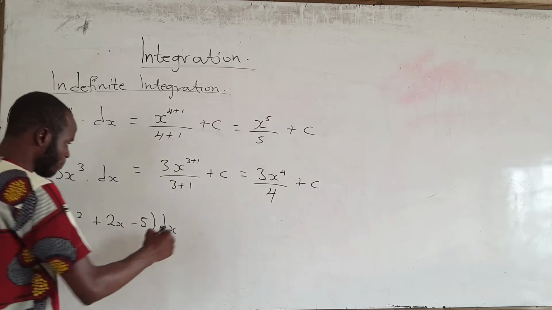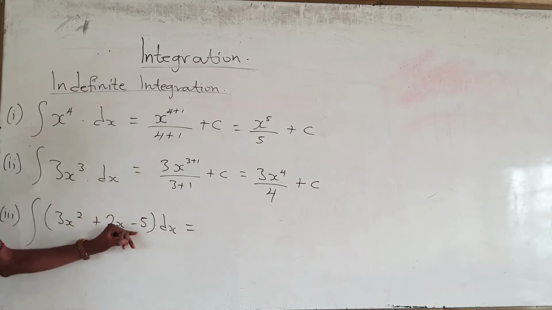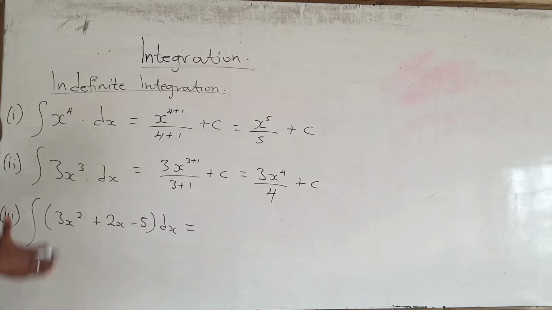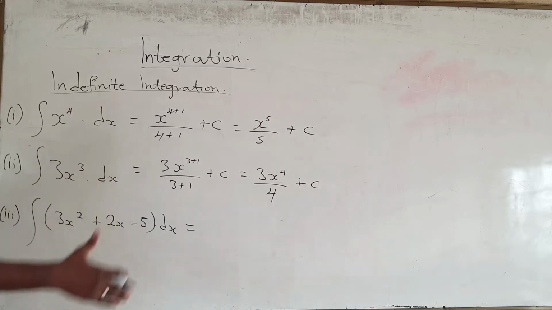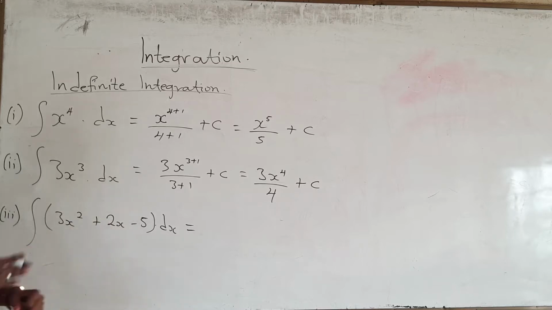Now the third question. With that one too, we have 3 terms in this expression, 1, 2, 3 terms, so we will integrate them one after the other, term by term, considering the operational signs that are separating the terms.